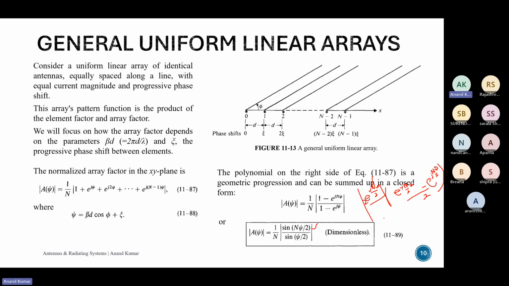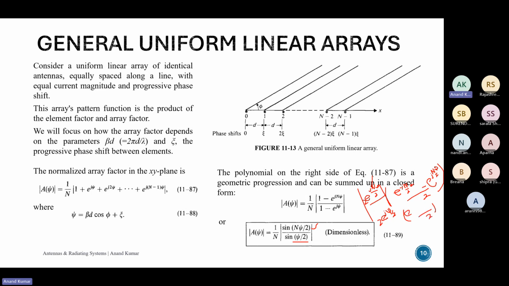Similarly, if we take e power j psi by 2 common, this entire thing would convert to sine psi by 2, and again we have to take this 2 common over here.